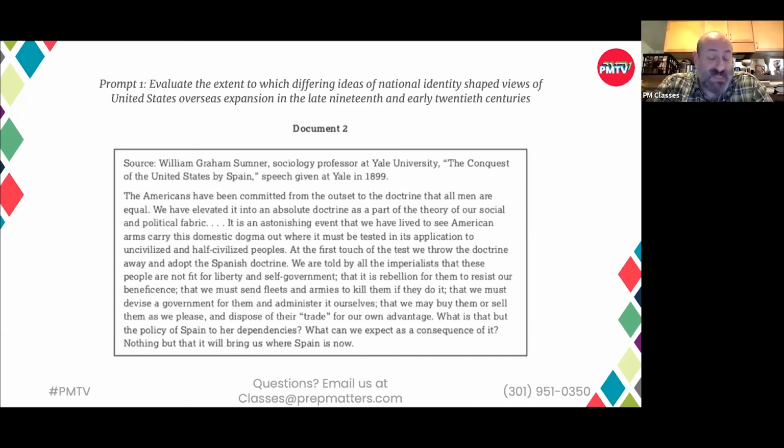At the same time, this is also highly critical of the logic of imperialists, effectively saying we are throwing away our notions of who we are as Americans in our commitment to democracy by extending imperial rule over the Philippines.